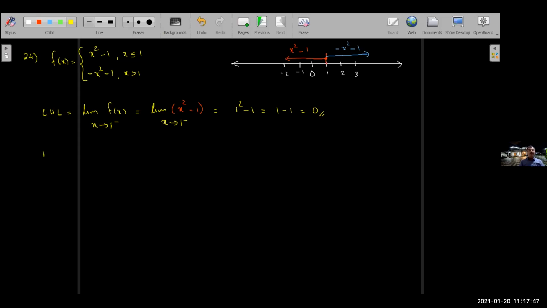Now, the right hand limit. Limit x tends to 1 plus f(x). Towards right of 1, the function is minus x square minus 1.